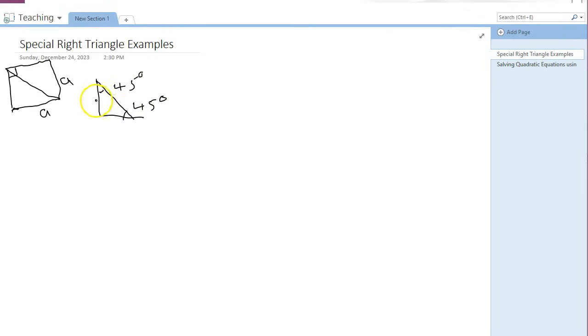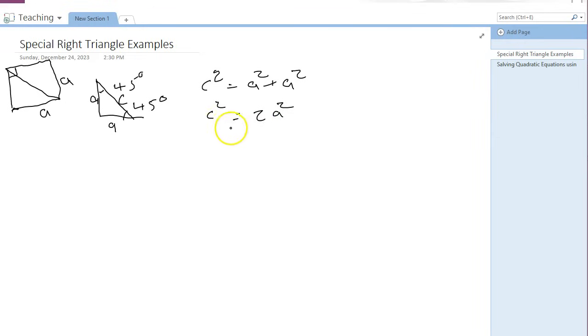Now, if you have A here, then we have A here because they're both the same. So what does this come up to be? Let's call it C. Well, C squared is equal to A squared plus B squared, which in this case is A again. So C squared is 2A squared.